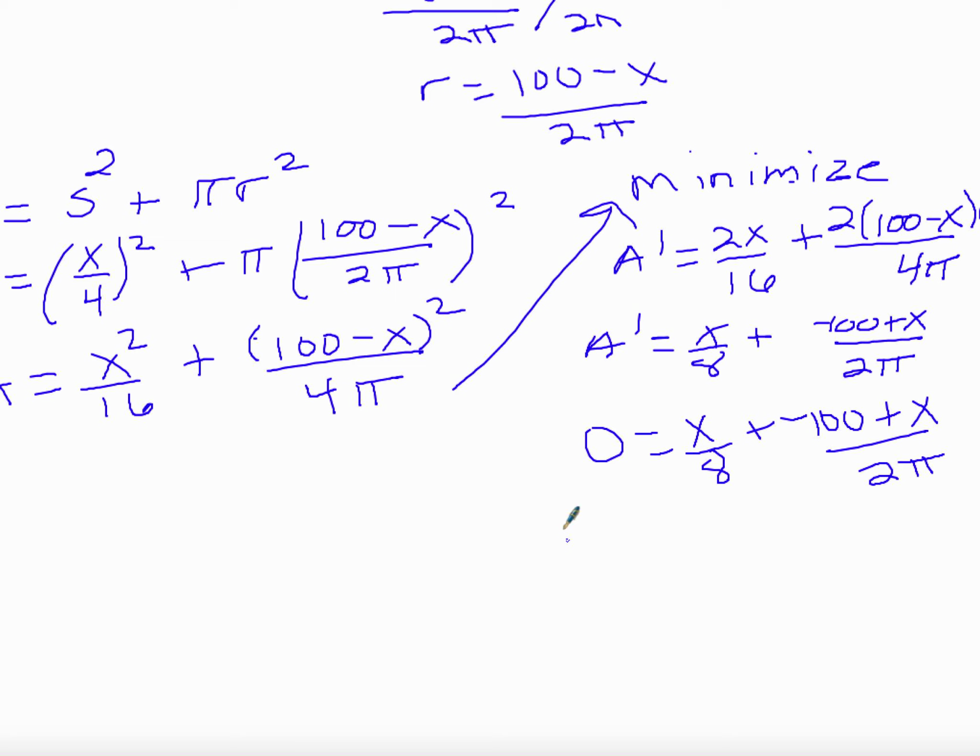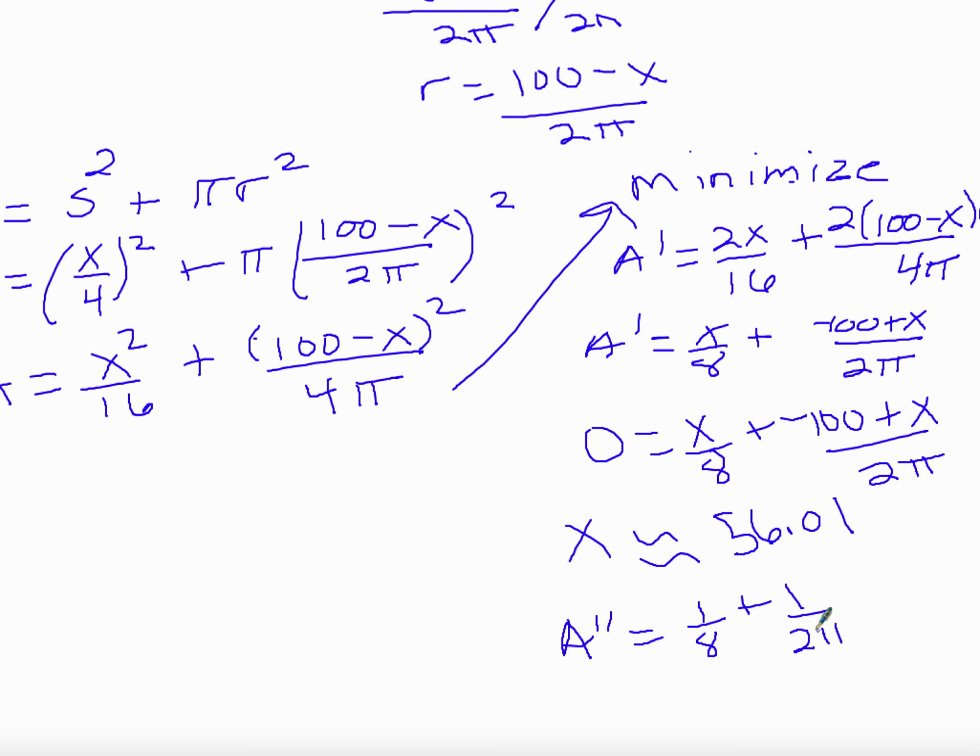And after graphing that on my calculator, I got 56.01. But is it a max or a min? So this time I'm going to do the double derivative. The second derivative is going to give me 1/8, and if I take the derivative of the other term, I'm just going to get 1 over 2 pi.